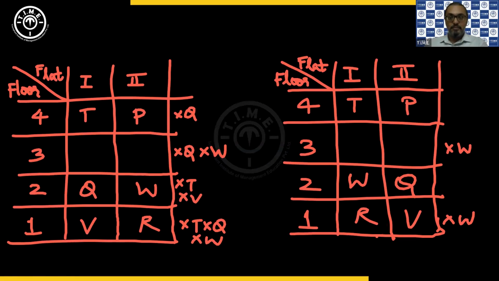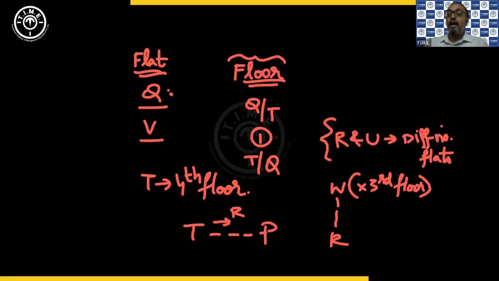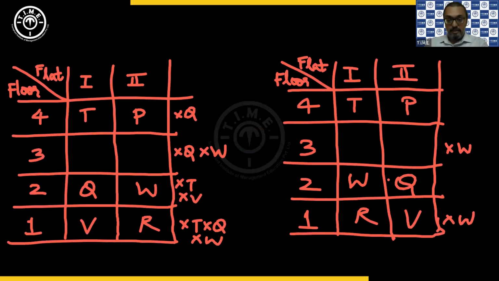So this is how we get it. Correct. And the earlier line, what we had, R and U were in different numbered flats. Correct. Now, since R is in flat 2, then U will be in flat 1. Here, since R is in flat 1, U will be in flat 2. And the remaining person is S. So S will occupy. Correct.